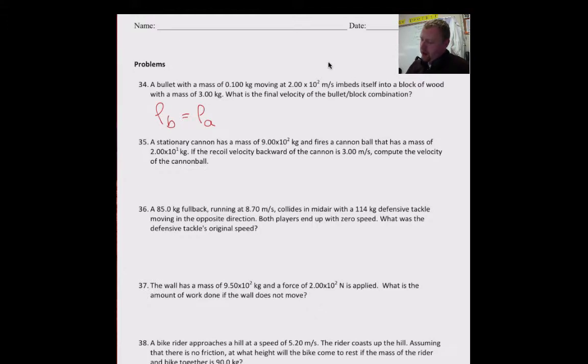The mass of the bullet is 0.100 kilograms, and you're going to multiply that by 2.00 times 10 squared meters per second, or 200 meters per second.